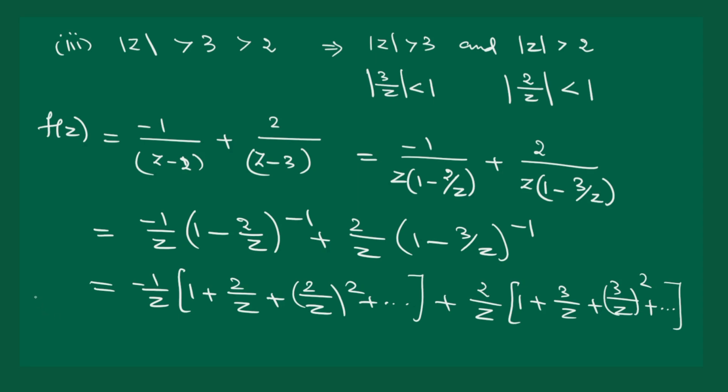So this is the Laurent series expansion of f of z which is valid in modulus of z greater than 3. So the function is the same function, but we have given 3 different expansions depending upon the 3 different regions. This is the way we have to expand the given function as a Taylor's series and Laurent series.